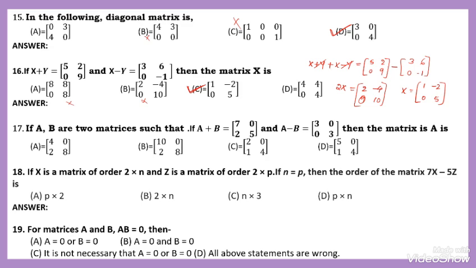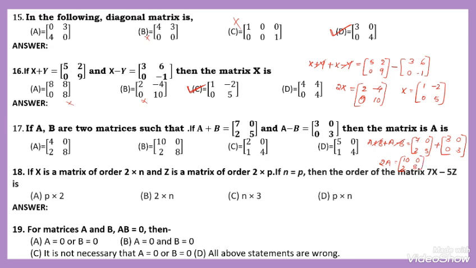Similarly, I will take the addition here: A plus B plus A minus B is equal to the matrix 7, 0, 2, 5 plus 3, 0, 0, 3. B gets cancelled here, giving 2A. 7 plus 3, 10. 0 plus 0, 0. 2 plus 0, 2. 5 plus 3, 8.